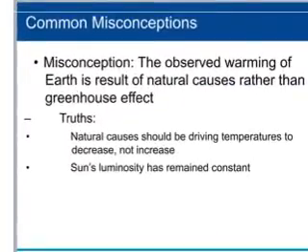Another misconception is that the observed warming of the Earth is a result of natural causes rather than the greenhouse effect. But the truth is that natural causes should actually be cooling the temperatures, not increasing them. The sun's luminosity has remained constant. These natural causes are predictable changes in the Earth's axis inclination and orientation.